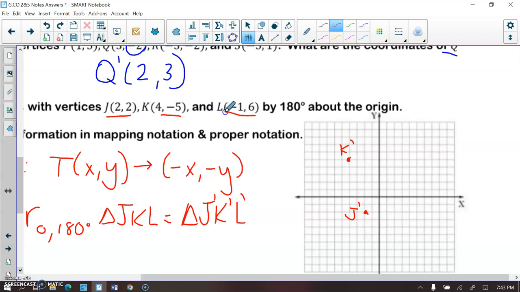And if L is at -1, 6, that means L prime is at 1, -6. And then I can go ahead and just connect the 3 vertices together to get my triangle.